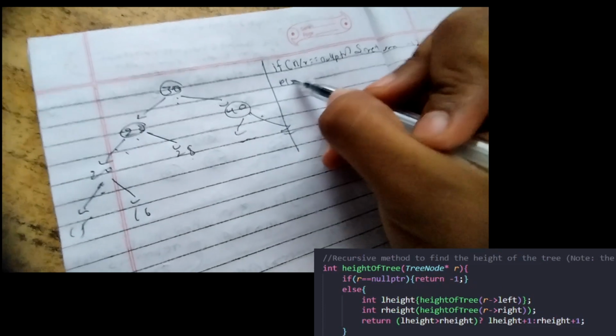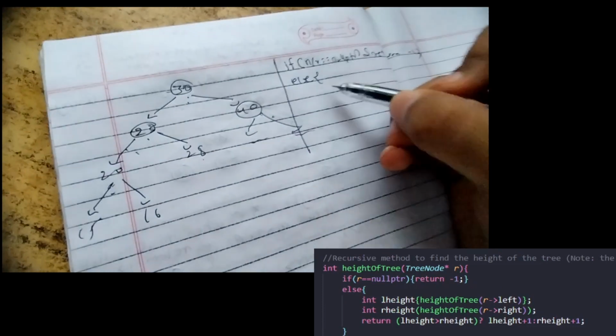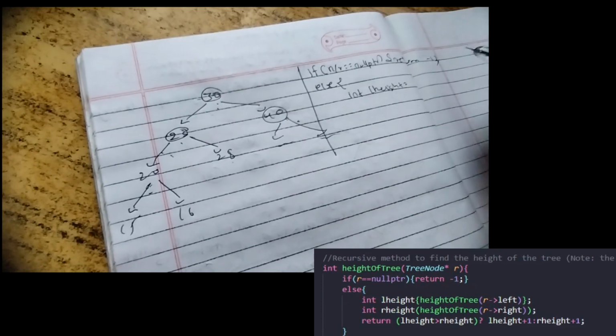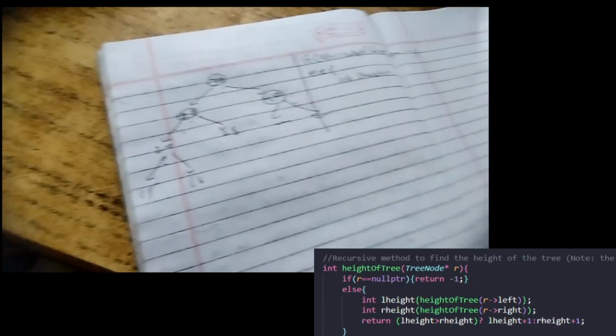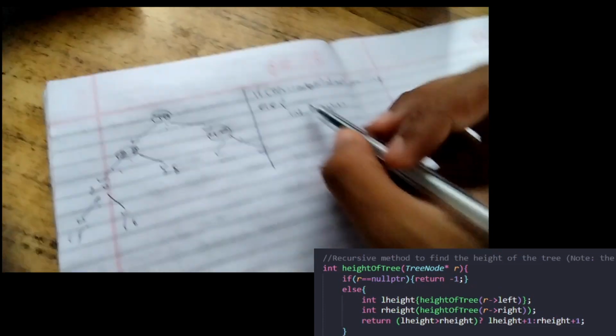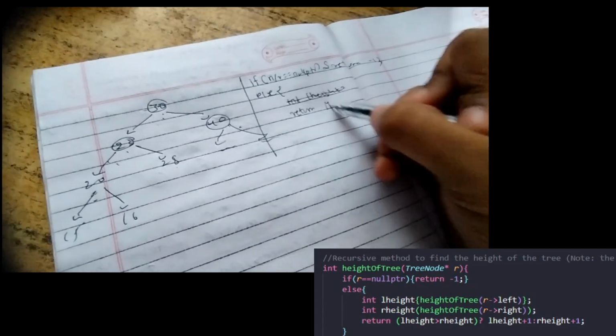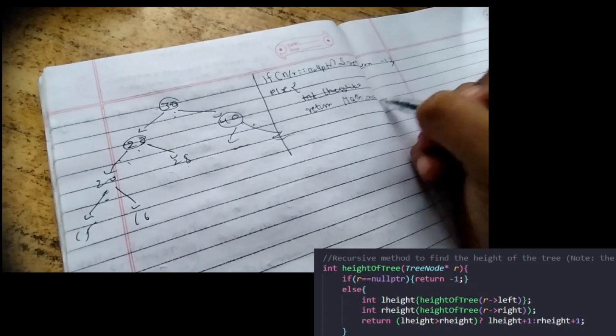Okay. Now we have an else case. The else case says int height. By the way, you can do this, but since I'm working in C++ and I don't work much with libraries, I did find something better than this online. The thing is, do a return and a max. You will see why this is important.